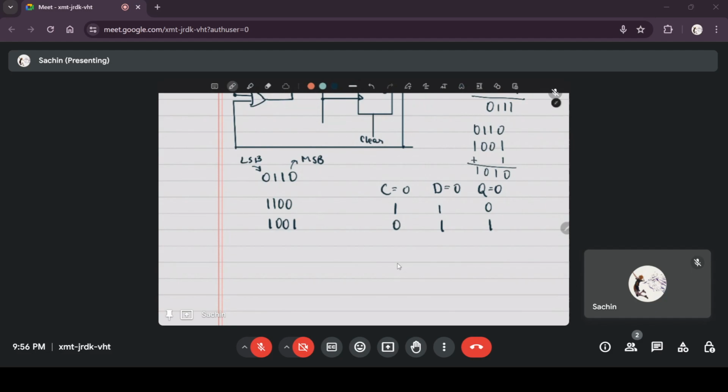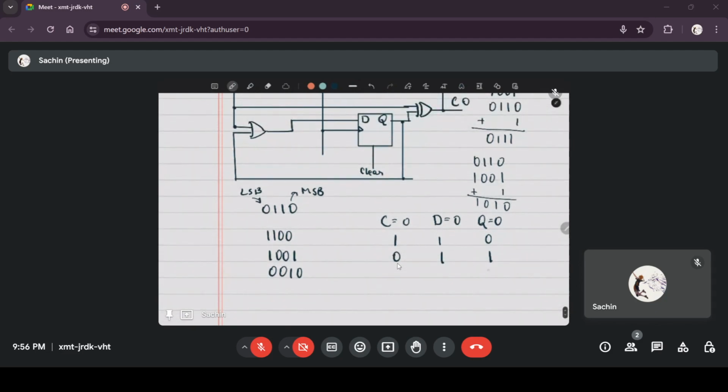At the next shift, you get 0 0 1 0, which will give you, and Q will go to 1, which will give you C is equal to 1 and D is equal to 1.